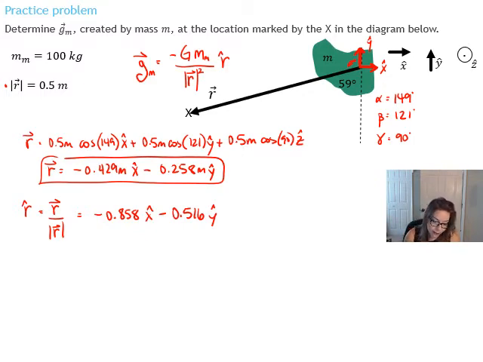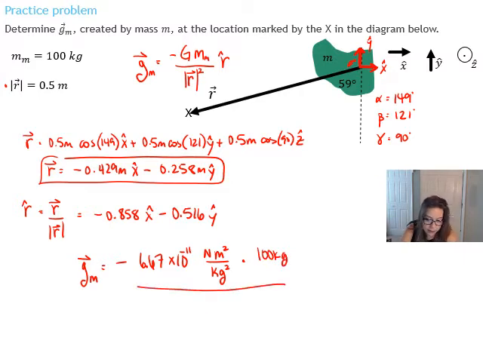Now that I have that, I can just plug all of this stuff into my equation to calculate the gravitational field vector. So negative capital G is just the number 6.67 times 10 to the negative 11th. It has units of newtons times meters squared divided by kilograms squared. Then that is times the mass of my particle, which was 100 kilograms.